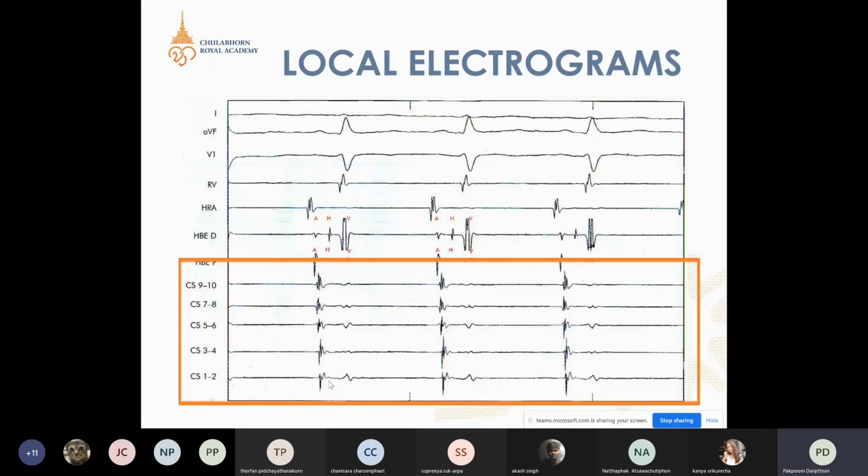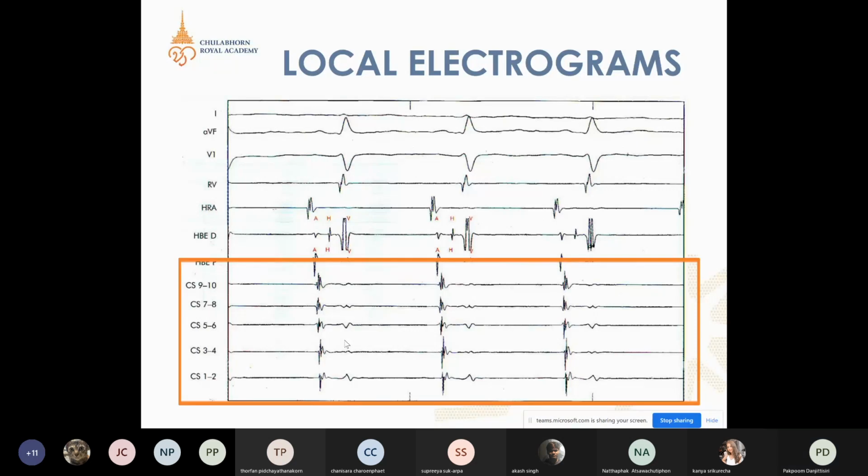Okay. And again, you can see the different size of the atrial electrogram and ventricular electrogram. The size of the amplitude of the signal can tell you about the location of the catheter. You can see like this because the coronary sinus location is more in the atrium than the ventricle.